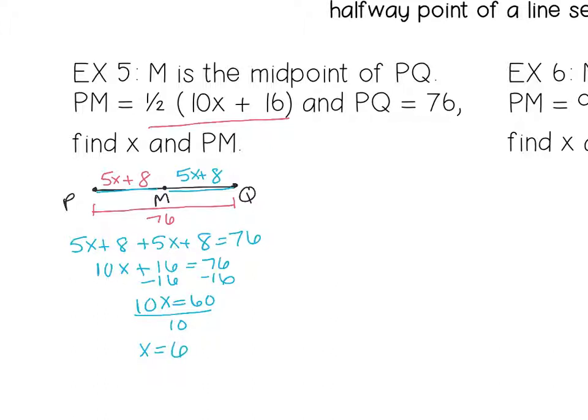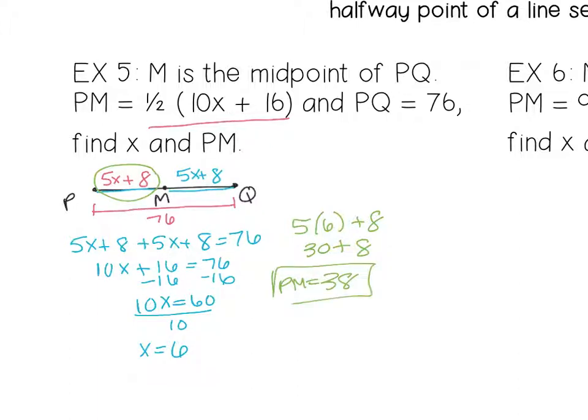So then x equals 6. Now I'm going to plug it back into this equation to find PM. So 5 times 6 plus 8 is 30 plus 8, which is 38. Now I know that also MQ would have to equal 38.